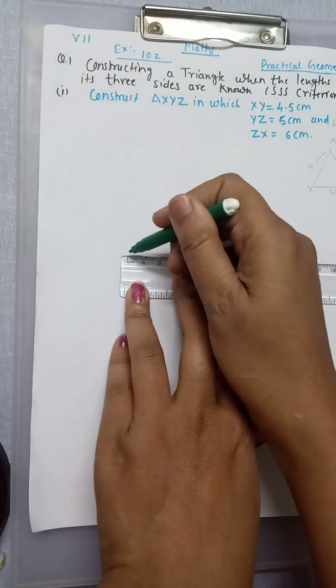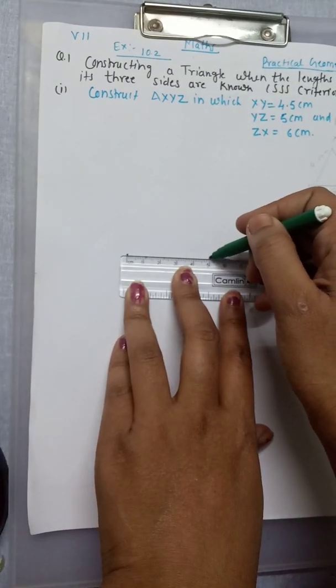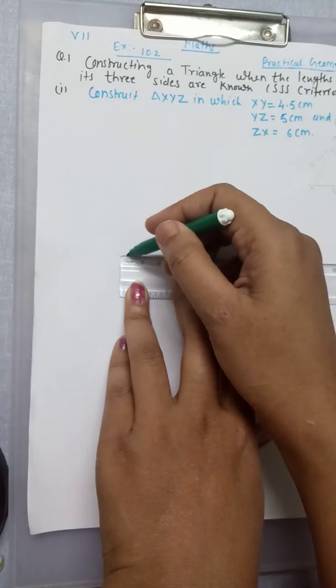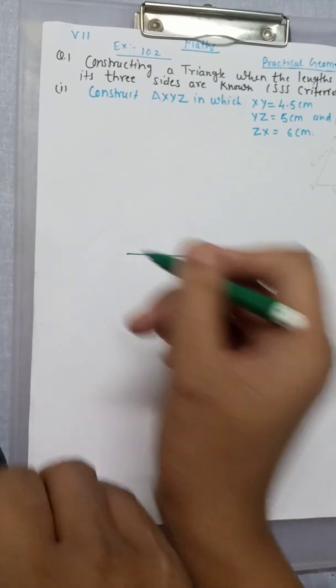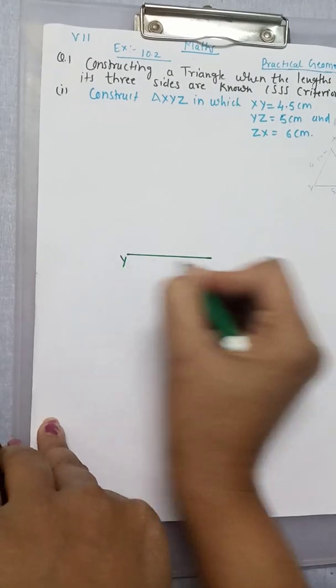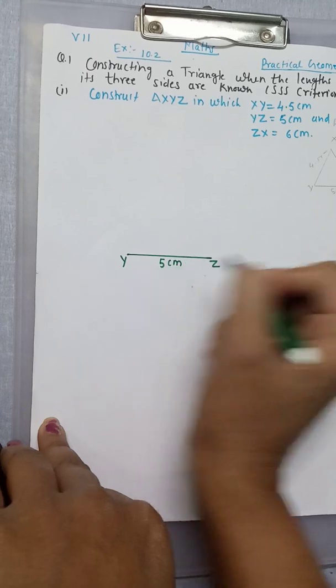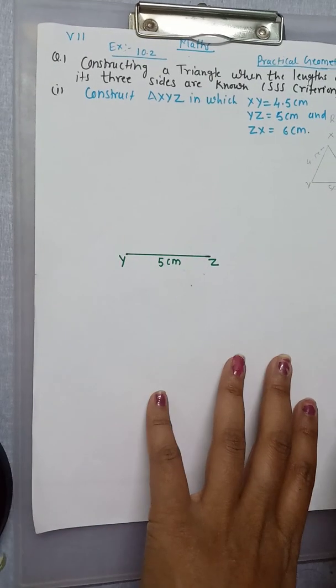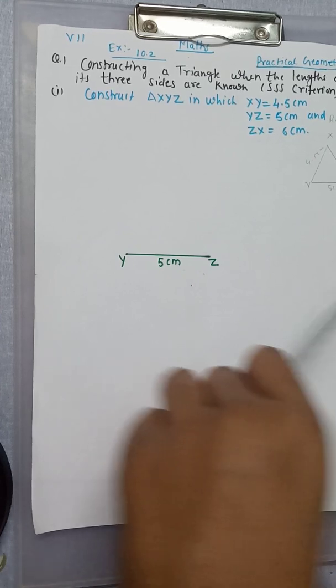You can see this is your point, and from here to here 5 centimeter we have to draw a line segment. Then we give the name YZ 5 centimeter. Clear?